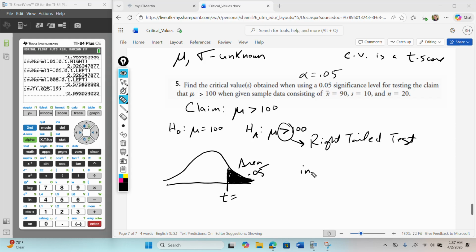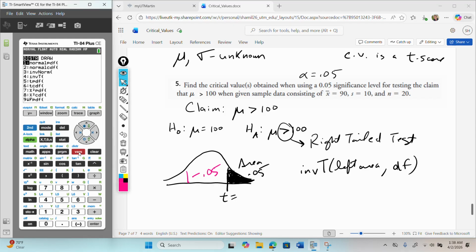Okay, so I'm going to have to use the inverse t command, and I have to give left area and then degrees of freedom. Now, 0.05 is the right area. The left area is 1 minus the right area. So that's what you have to give it. Okay, so let's come here. And again, let's do second vars, and come down here to inverse t.